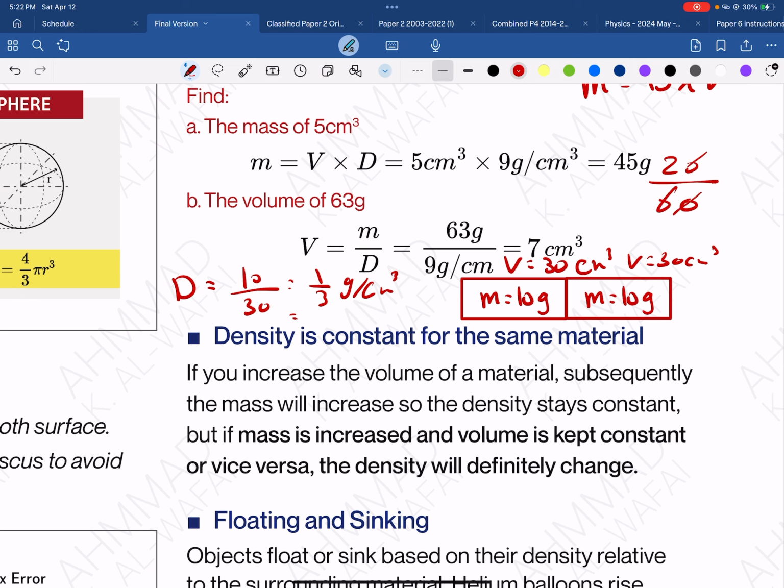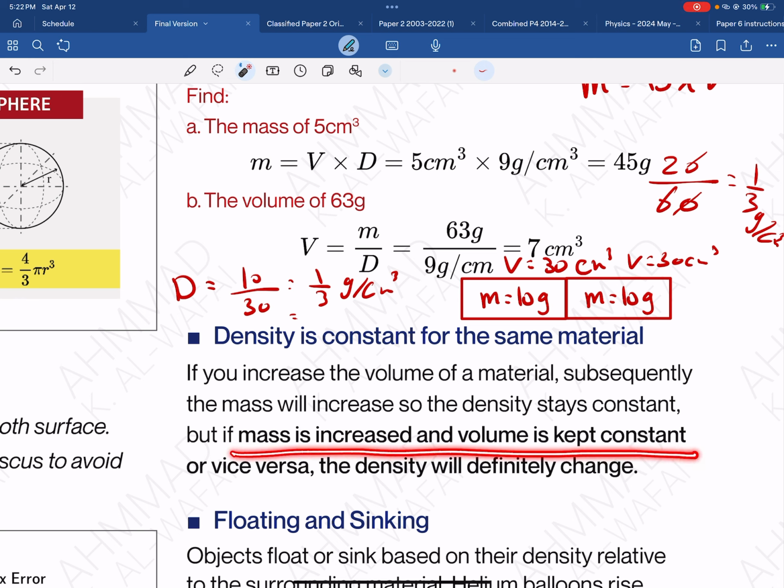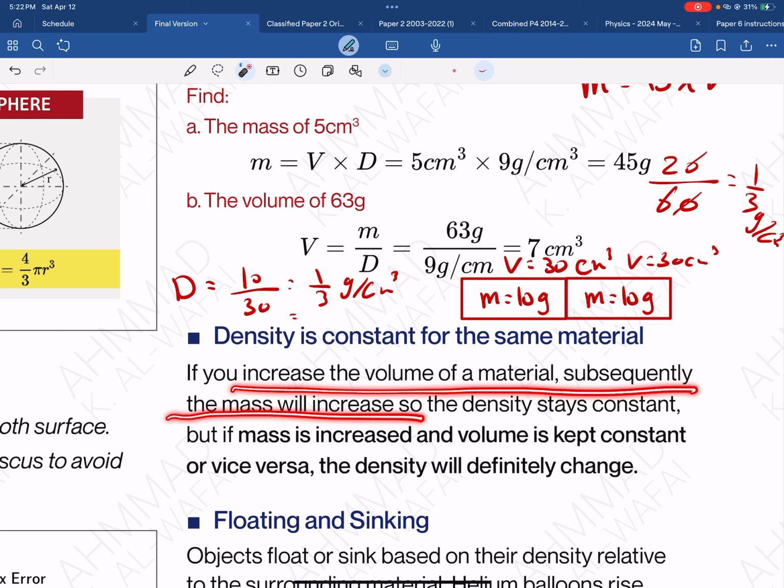You're always going to get again 1 over 3 gram per centimeter cube, which is why we say the density is constant for the same material. If mass is increased and volume is kept the same, then the density will definitely change. But as we said at the start, if you increase the volume, subsequently the mass will increase, and therefore the density will stay the same. Okay, that's the idea of why density is constant for the same material.